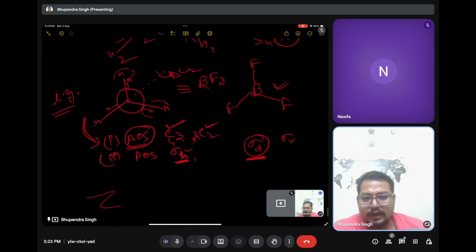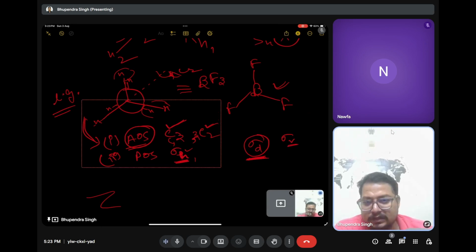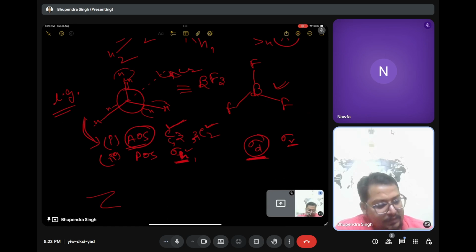Okay, so we had a few conditions. If sigma h is present, sigma v is present, sigma d is present. Sigma h, we know, is the plane perpendicular to the principal axis C3, so that you will call sigma h.